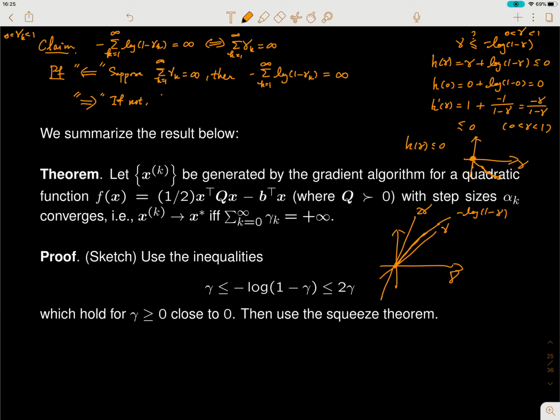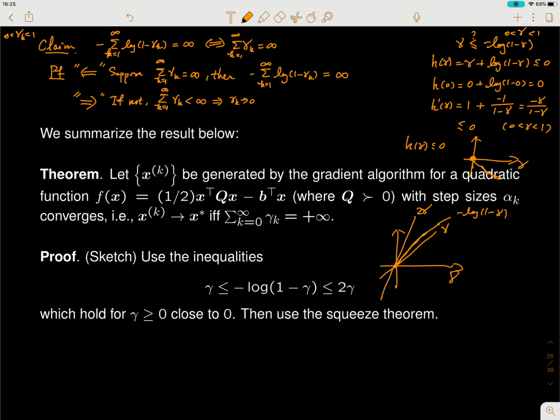If not, then the sum of gamma k will be bounded. And this means that gamma k needs to go to 0, right? Otherwise, this infinite series will blow up. At least each gamma k has to go to 0.